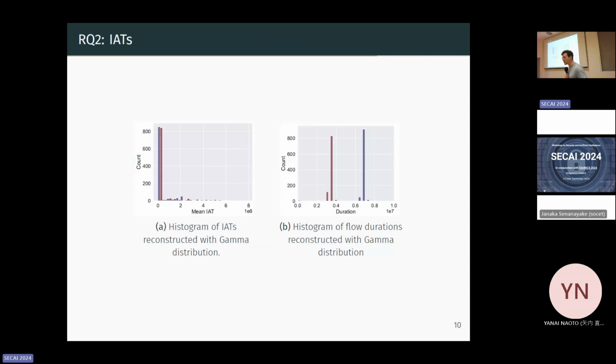The normal distribution and the uniform distribution for recreating inter-arrival times don't work. But we find that using a gamma distribution works well enough to recreate the inter-arrival training data. Similarly, flow durations are shifted slightly. Blue is for training data, red is for generated packet data, but overall it works. It's similar.